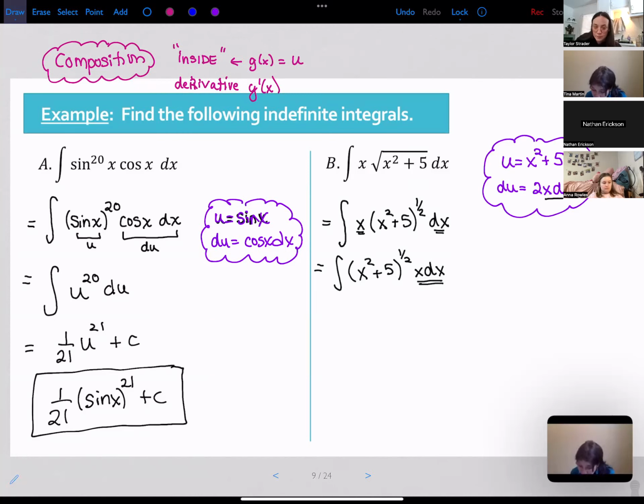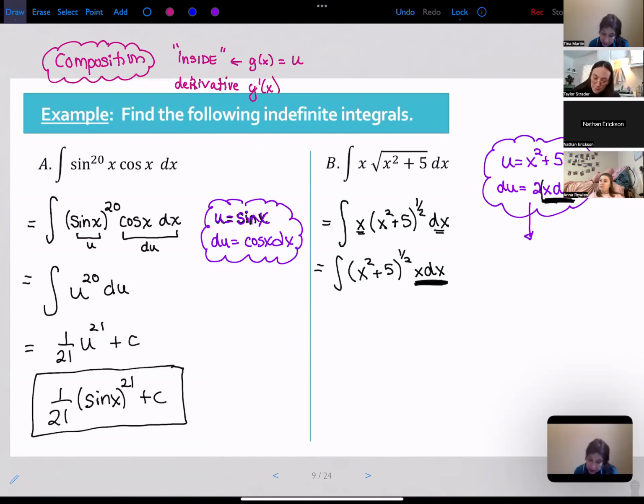Now, this one is a hair more complicated. The reason is my original expression doesn't have a 2. It's missing the 2 in the original integral. I don't know how other teachers teach u-substitution with this, but I see x dx appearing here and here.